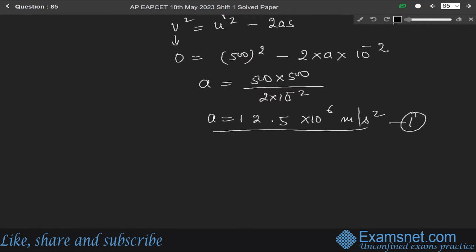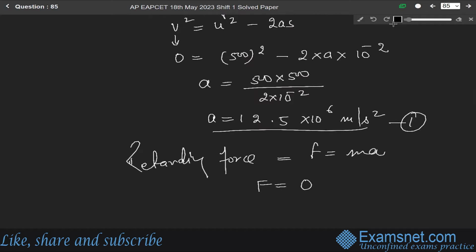Now we have to find the retarding force. F equals mass into acceleration. Mass is 0.02 kg and acceleration is 12.5 into 10 to the power 6 meter per second square.